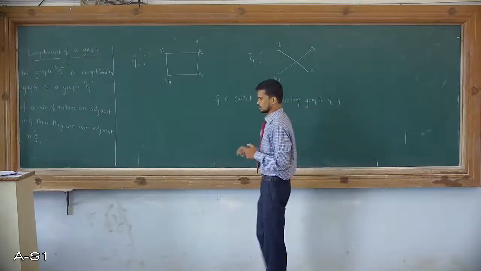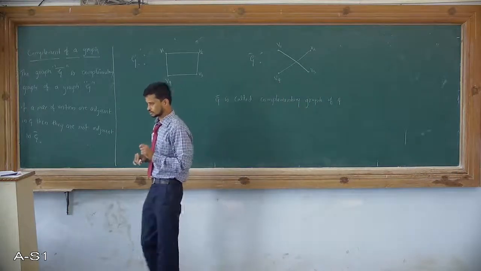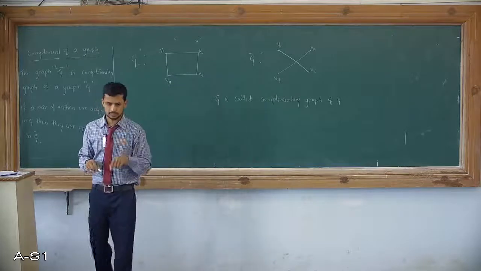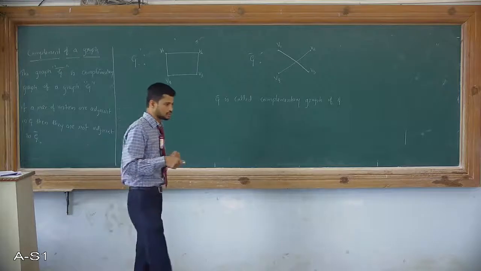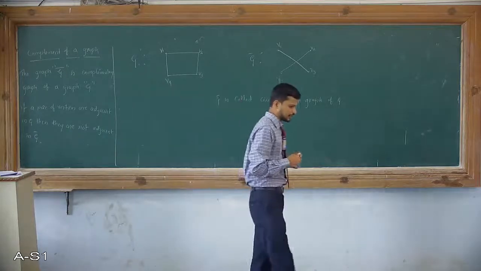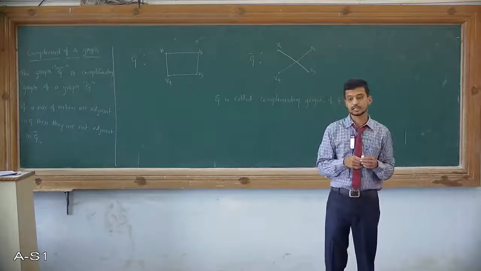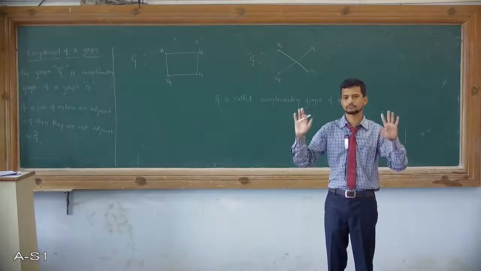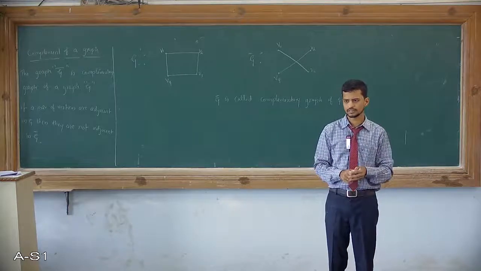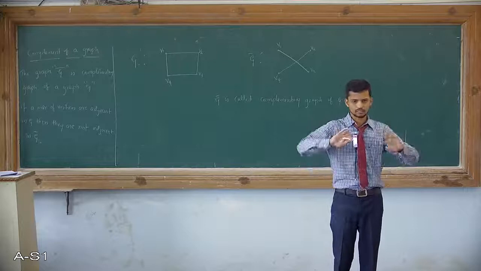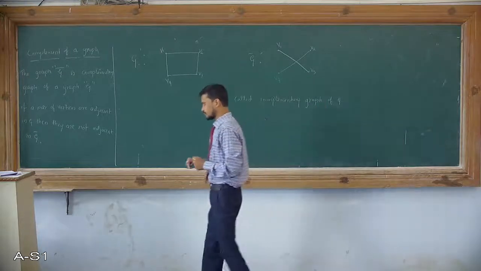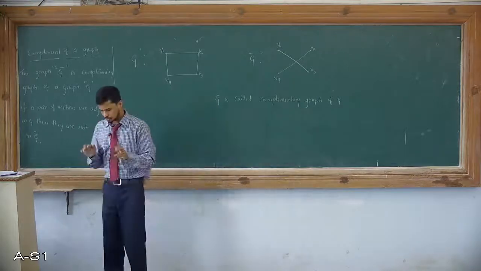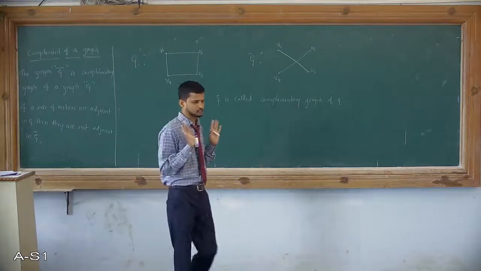In this graph, they are not similar. Sometimes, when we find the complementary graph of a graph, there is a chance that the two are similar graphs. Similar means exactly the same, but with different vertices. At that time, we can show that those two graphs are isomorphic.